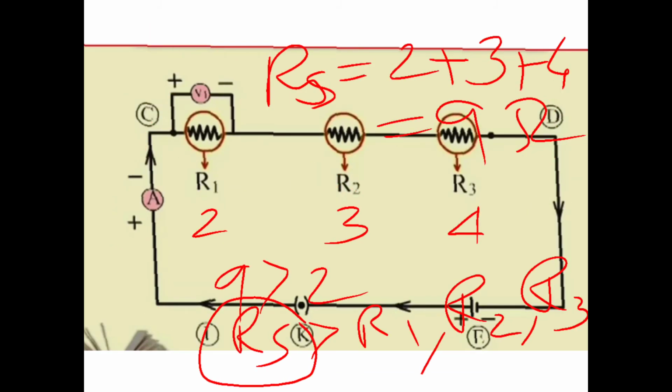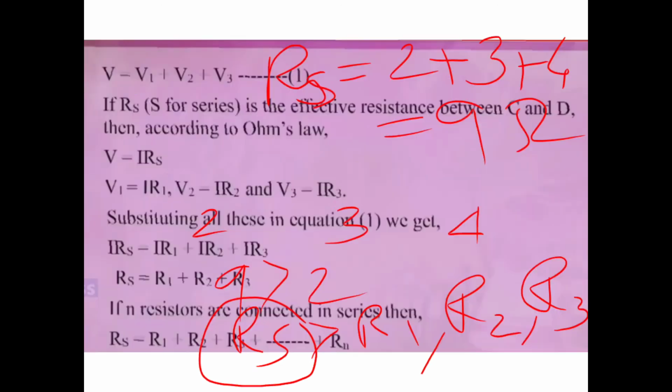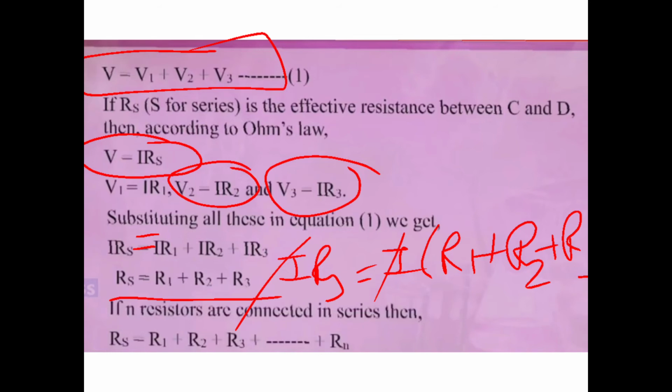We have seen that Rs is R1 plus R2 plus R3. Right? The third thing which we should note is the potential difference between the two extremes of the arrangement, meaning this C and this D, is equal to the sum of the potential differences across the individual resistances. That means it will be equal to V1 plus V2 plus V3. This one I am talking about.